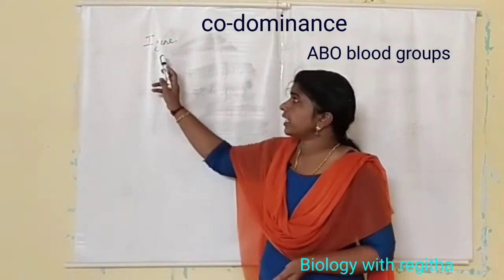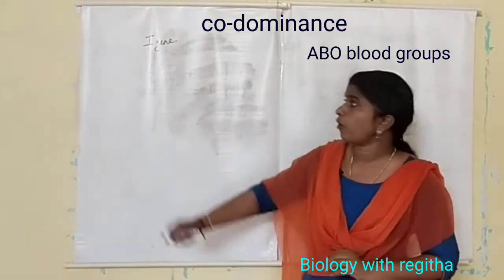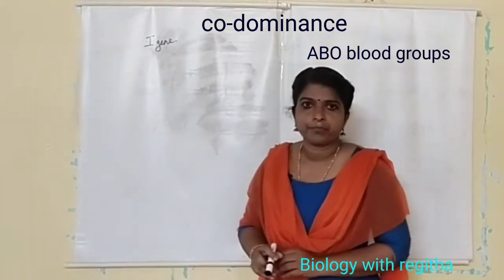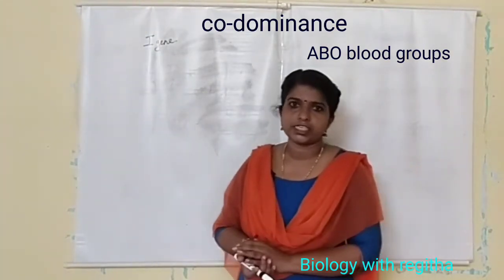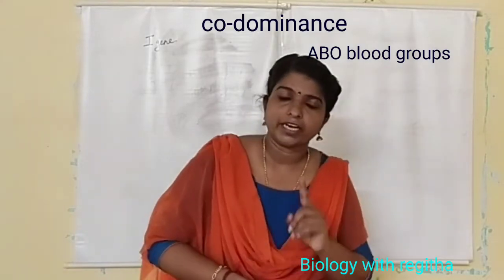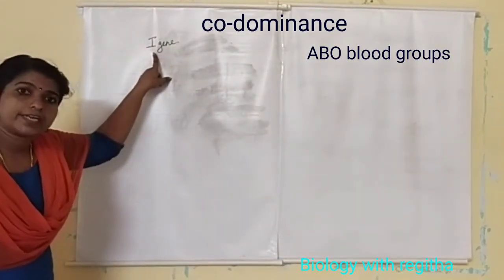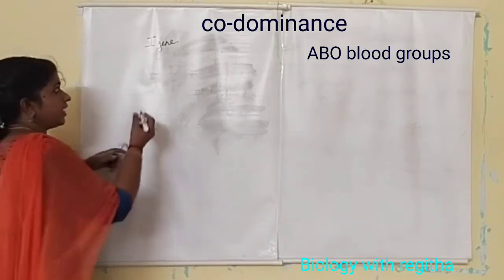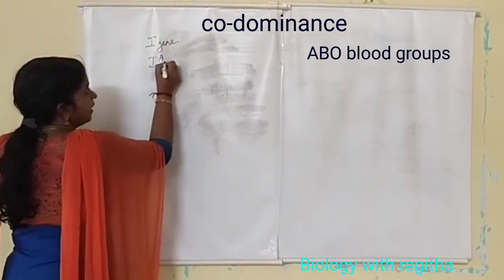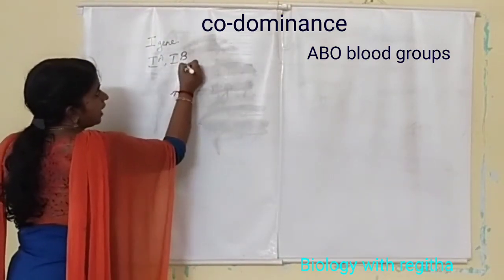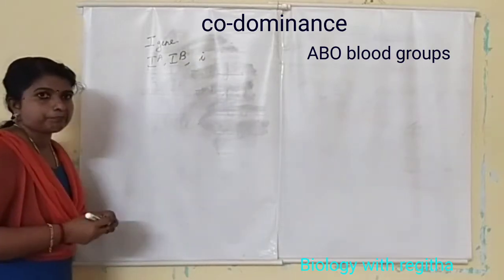And there are 3 alleles of this gene I. Normally, a gene possesses a pair of alleles, but here in the case of the I gene, there are 3 alleles. These alleles are IA, IB and small i.